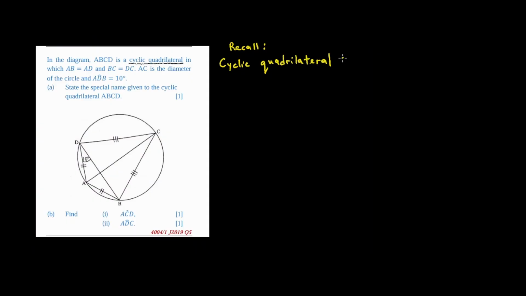Saka a cyclic quadrilateral chekutanga by definition tiri kuti all four vertices, kana tichida kutaura technically, but we can just call them corners, are on the circumference of a circle. Saka kana makona ese ari 4 ari pa circumference, that is a cyclic quadrilateral.